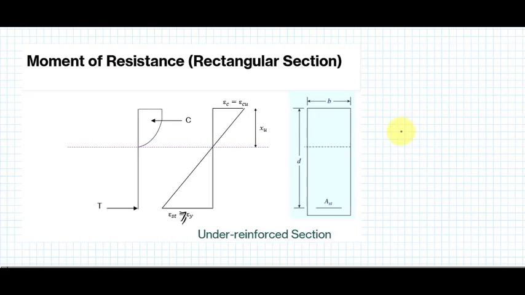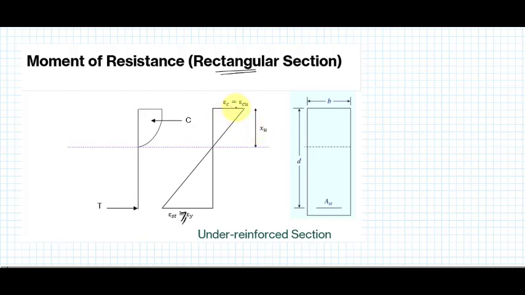Now we are going to compute the moment of resistance for an under reinforced section. For this, we are going to again take a singly reinforced rectangular section. Now for an under reinforced section, the neutral axis depth is xu.